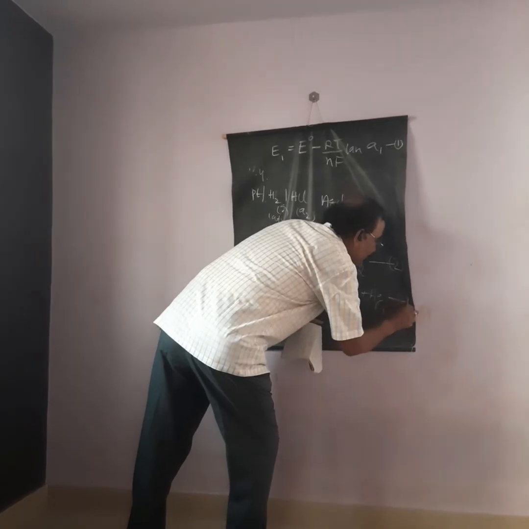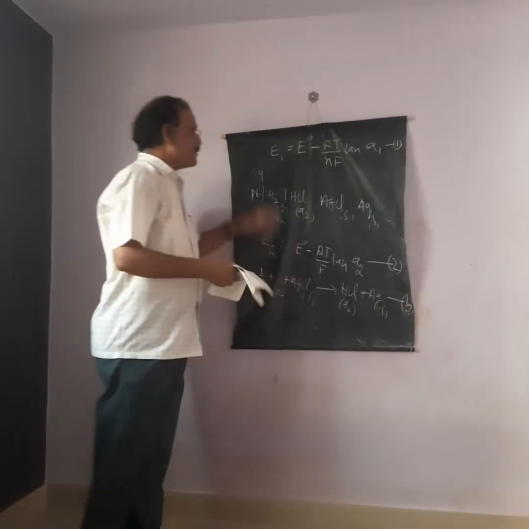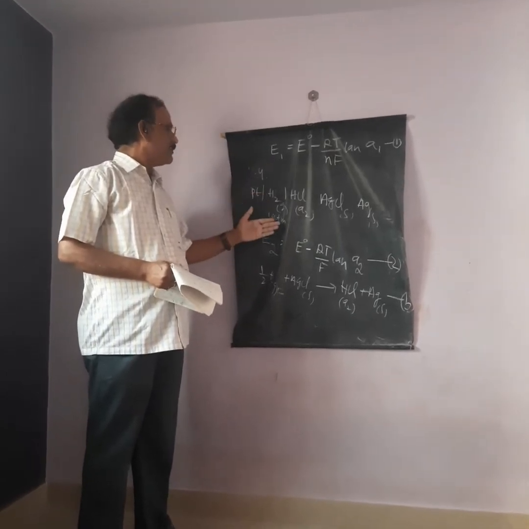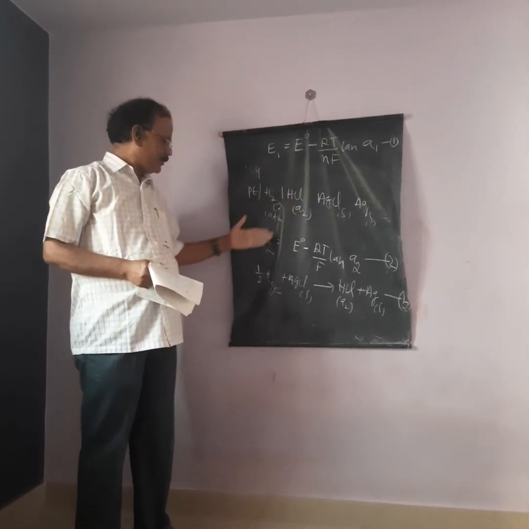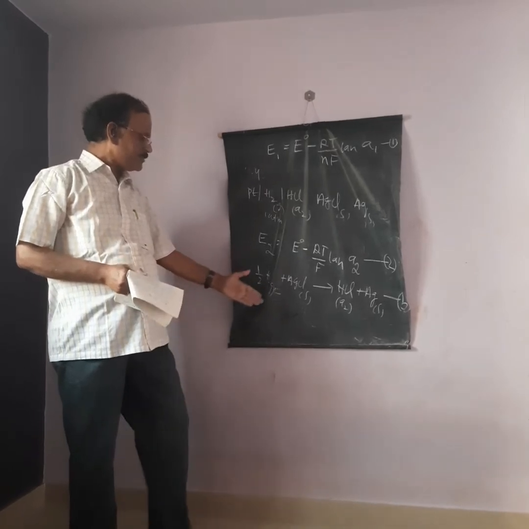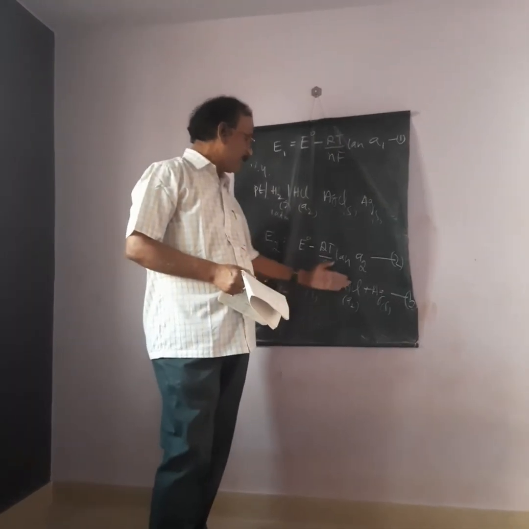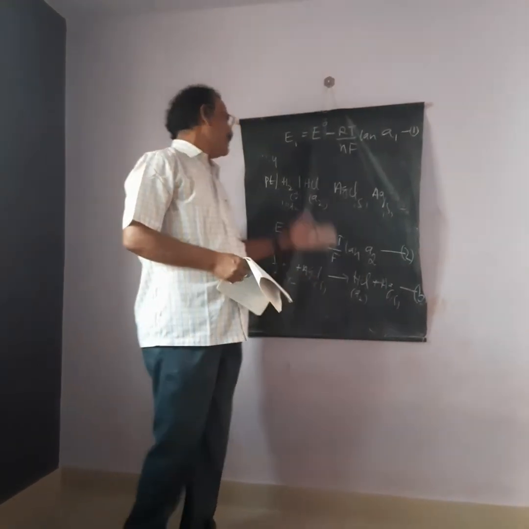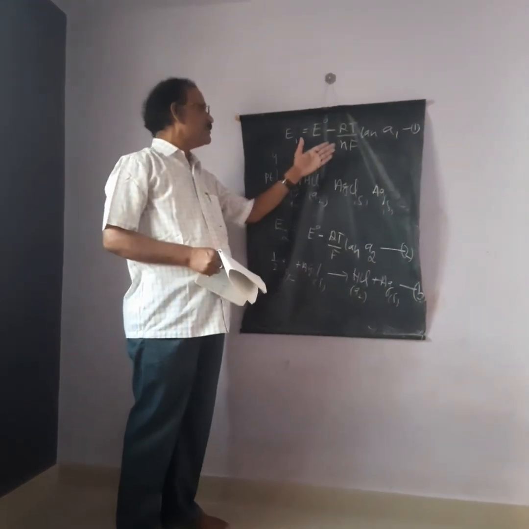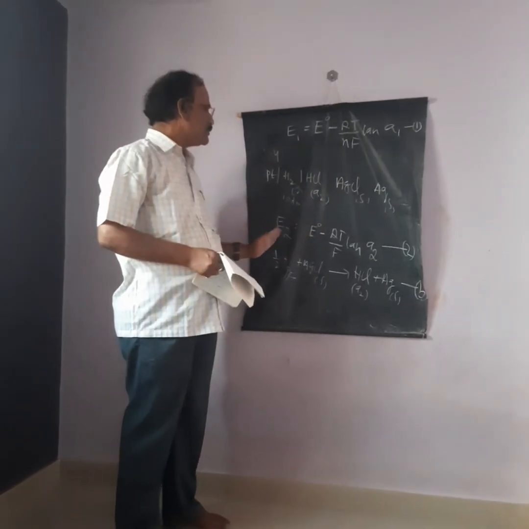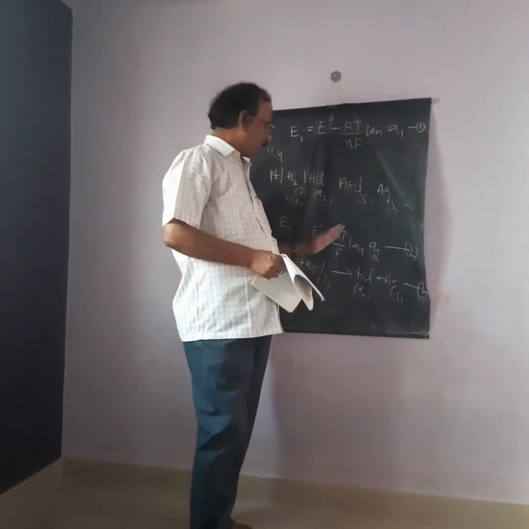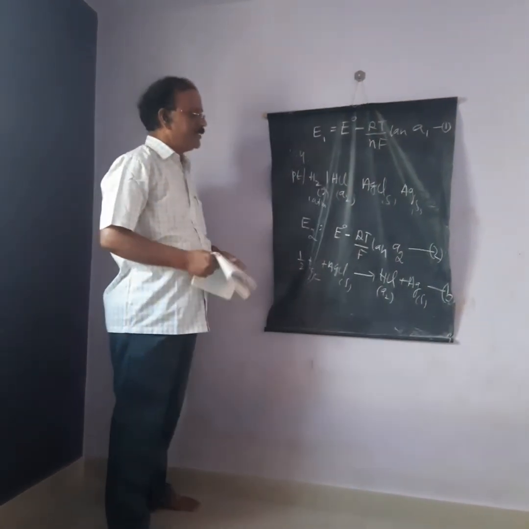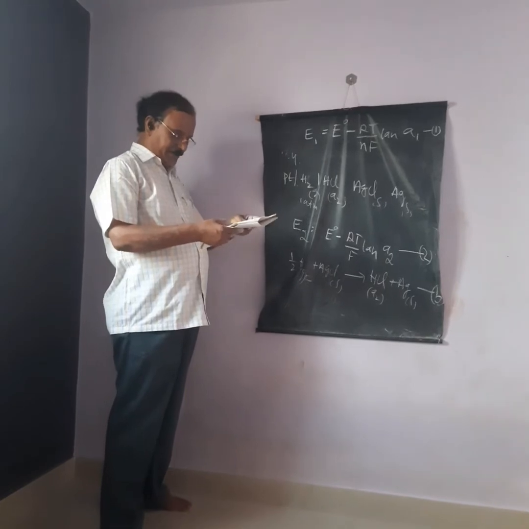You can take this as equation B. So above equation A, in the same manner, for the cell with activity of HCl as A2, you have this equation B. And the EMF of the cell when the activity of HCl is A2 is given by E2 equal to E0 minus RT by F into ln A2 according to the Nernst equation.